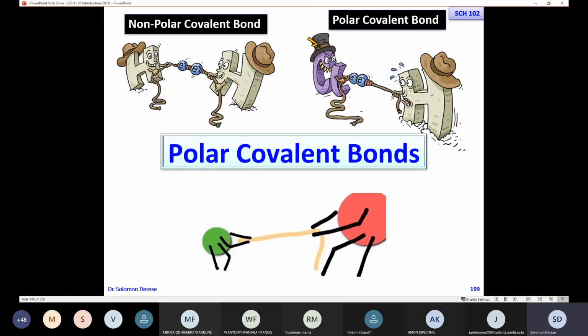An electron is transferred when sodium chloride is formed. An electron is transferred from the sodium to the chlorine. The sodium has lost an electron while the chlorine has gained an electron. As a result, the sodium will be positively charged while the chlorine will be negatively charged.